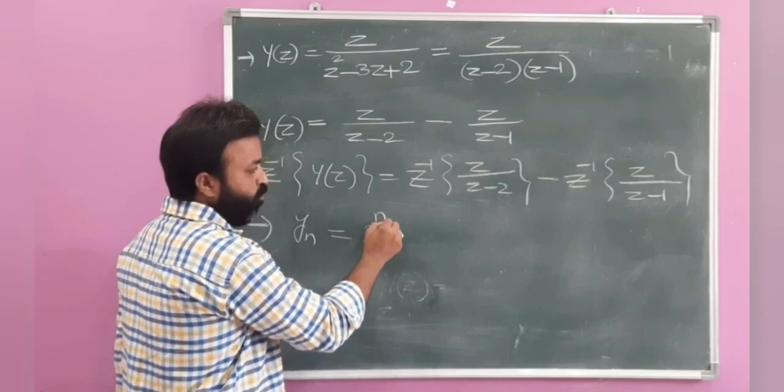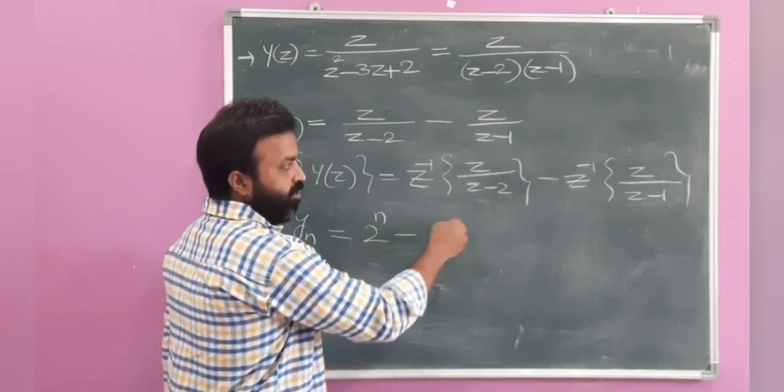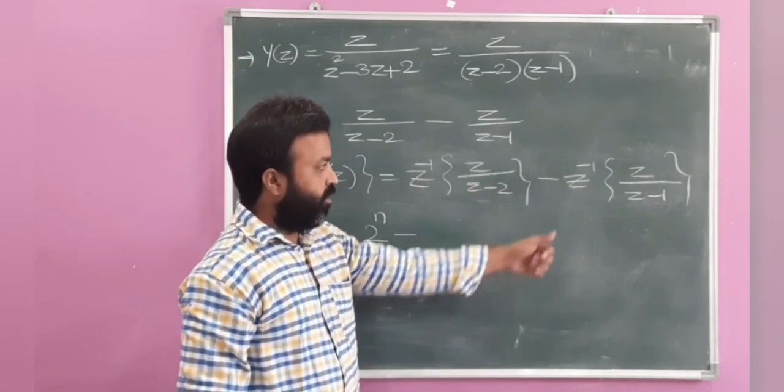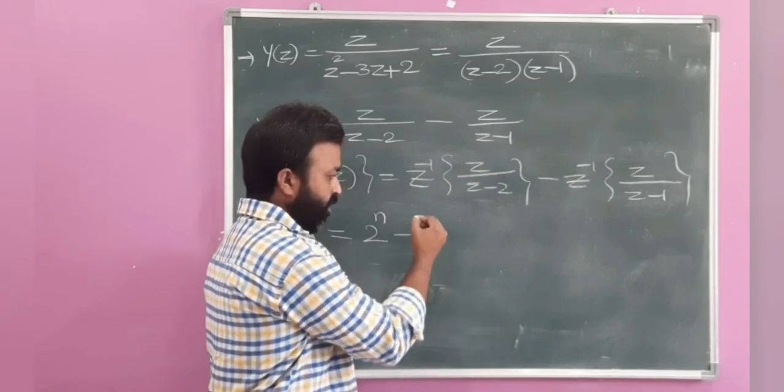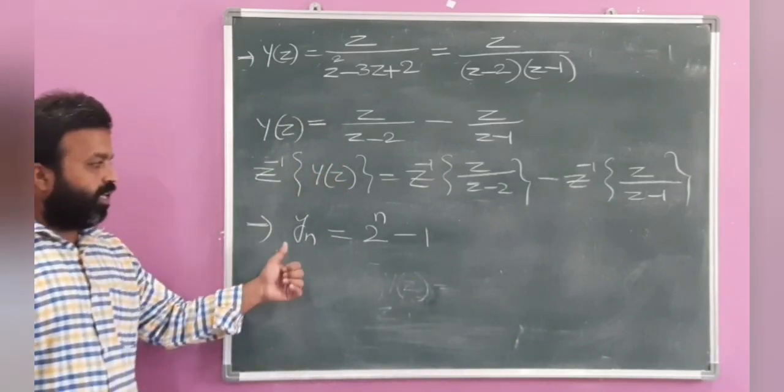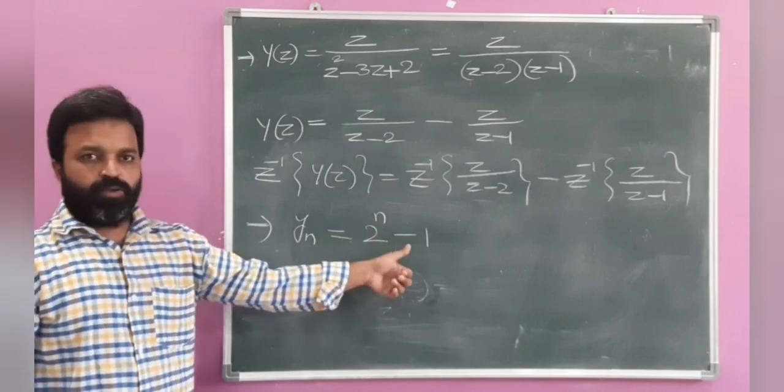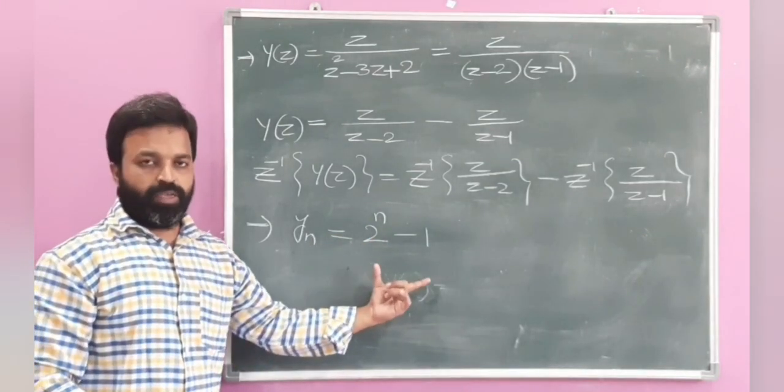So here we have 2 power n, minus Z inverse of z by z minus 1, that is the transformation of 1. So the solution is y(n) is 2 power n minus 1. This is the solution for the given difference equation.